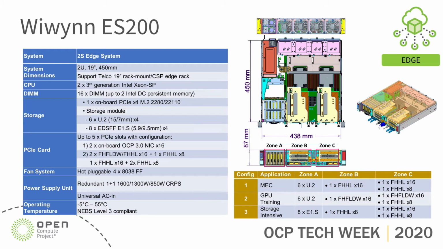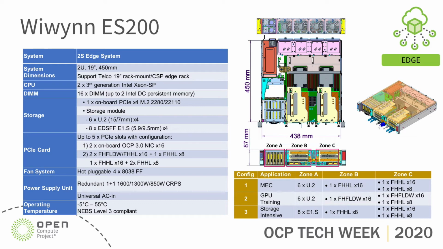These PCIe slots have a very flexible configuration. It is 2 onboard OCP 3.0 NIC and 2 full height 4 lanes with a double wide PCIe slot support plus 1 half height x8 PCIe slot. Or it can also support 1 full height half length plus 2 full height and half length PCIe add-in cards.